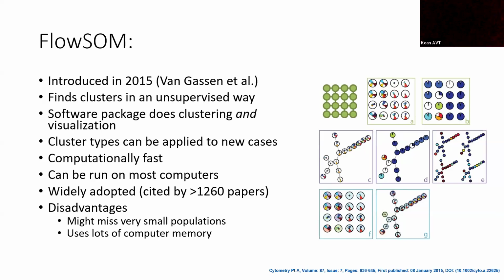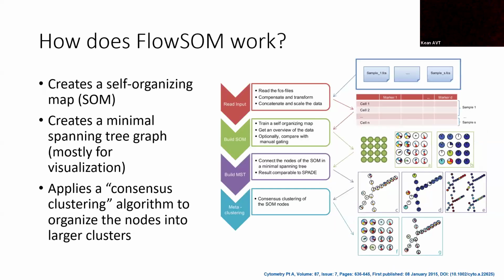So as opposed to things like t-SNE and whatnot, where it might start over from scratch, FlowSOM can look at new data. It's very fast. It can be run on most computers, even a lot of laptops can run it, and it's widely adopted. Some of the disadvantages: it might miss very small populations, and it does use a lot of computer memory.